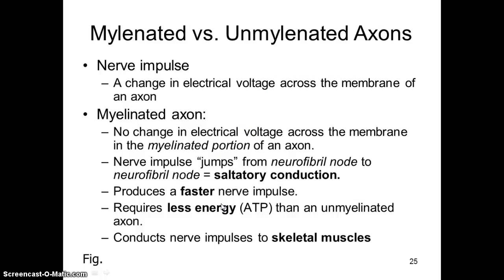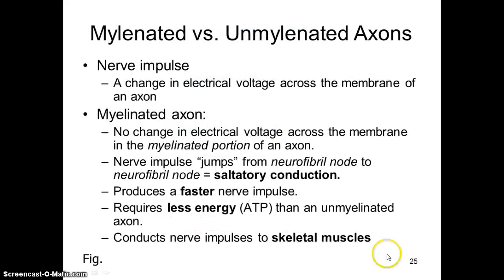All right, so we've already talked about myelinated versus unmyelinated axons and how they affect nerve impulse transmission. Just to remind you, a nerve impulse is basically a change in the electrical voltage across the membrane of an axon, which is generated by the diffusion of sodium ions through ion gates from a neuron to the next cell in line, which is either a neuron, a muscle cell, or a gland.